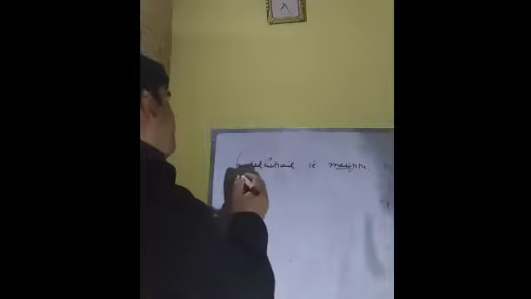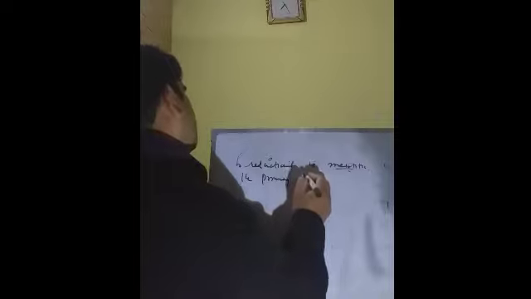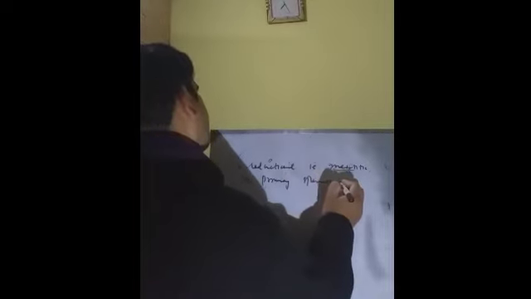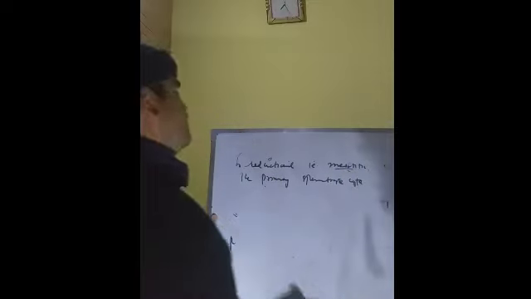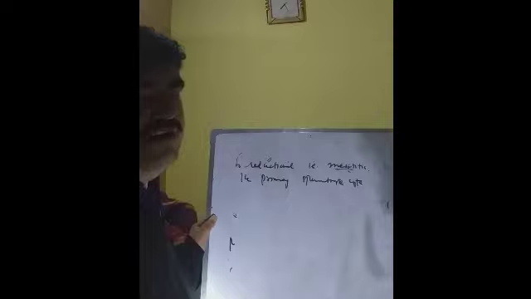Here the primary spermatocyte divides meiotically into two haploid daughter cells.